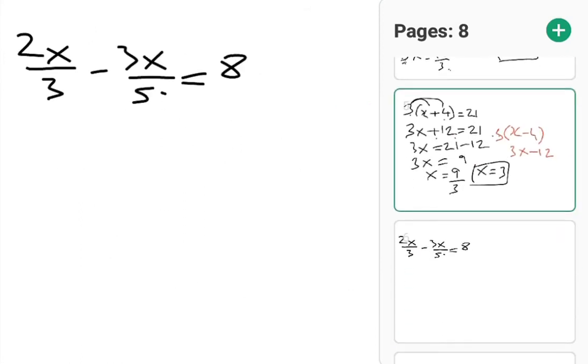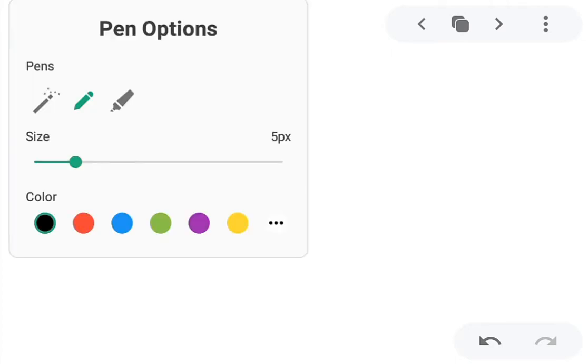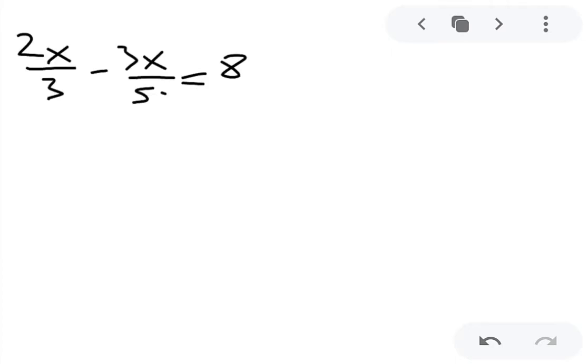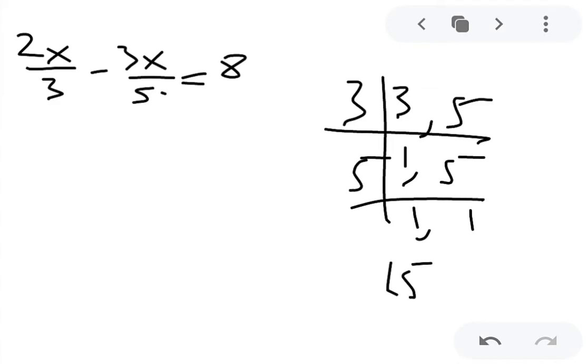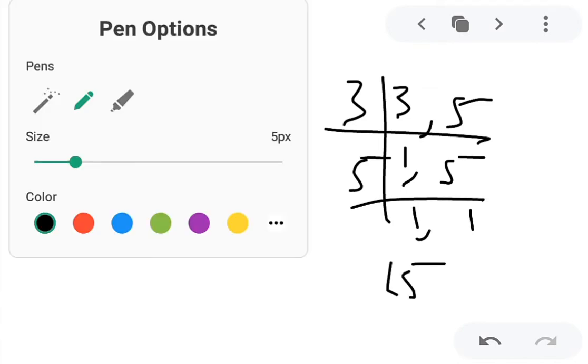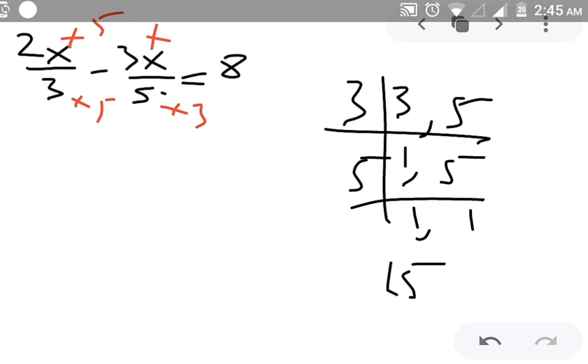Now if two rational numbers come and 2x comes, then what are we supposed to do? Here you have to take the LCM. Now 3 and 5, the LCM is 15, since 5 threes are 15. So over here multiply by 5, here also 5, and here 3, here 3.